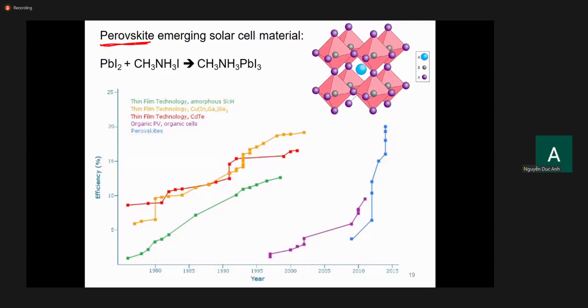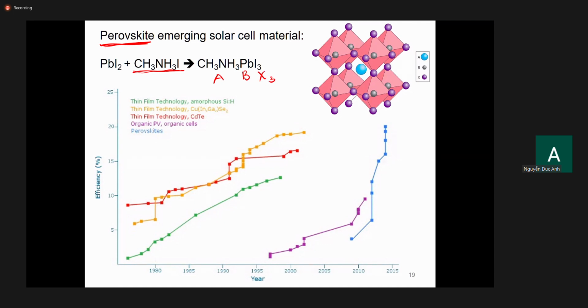Okay, very simple reaction. You put the crystal of PbI2 in a solution of, for example, methylammonium iodide, and then you will get a kind of material we call ABX3. Okay, this structure is namely perovskite.